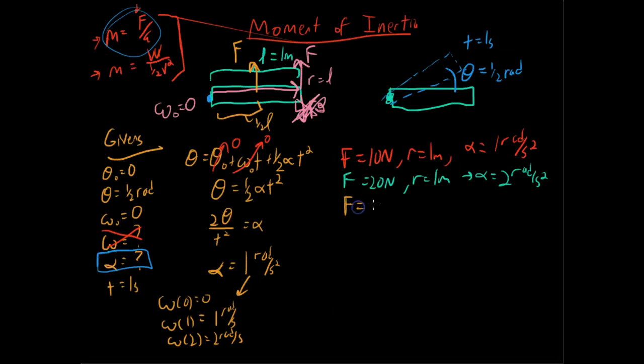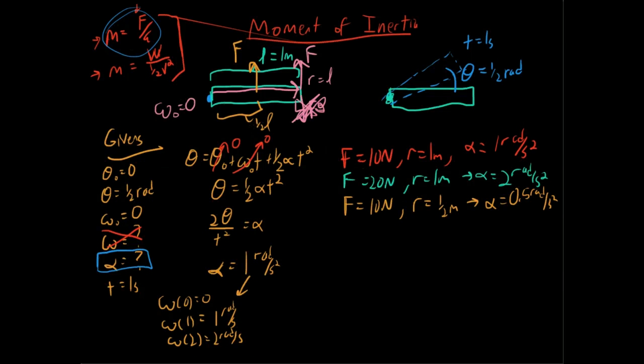So if I apply a 10 Newton force with r equal to 1/2 of a meter, we get out an acceleration of 0.5 or 1/2 radians per second squared. So this is the whole torque idea that's happening here. We find that when we double the force, we double the angular acceleration. When we halve the radius, we halve the angular acceleration.